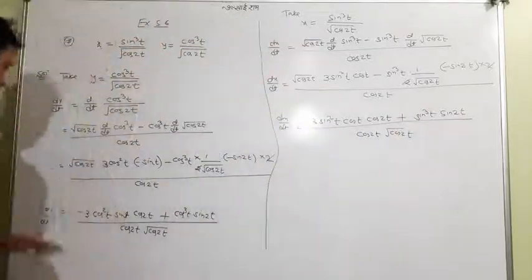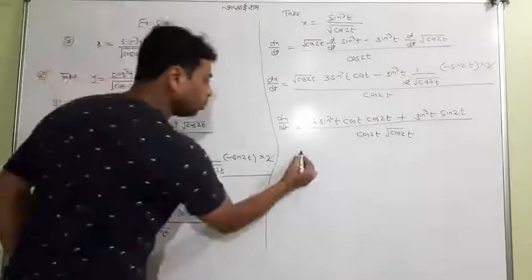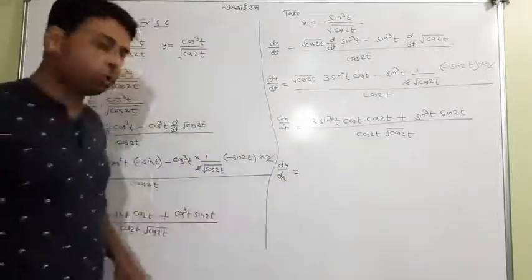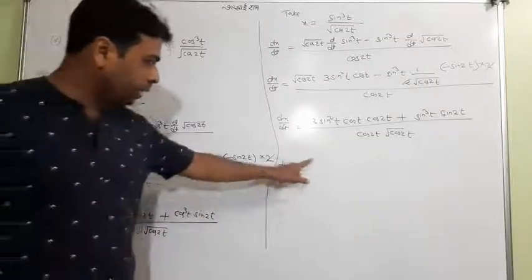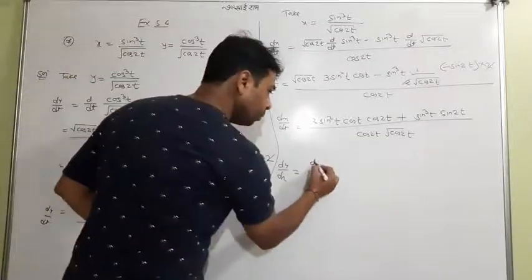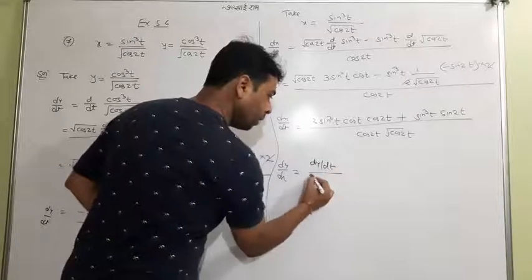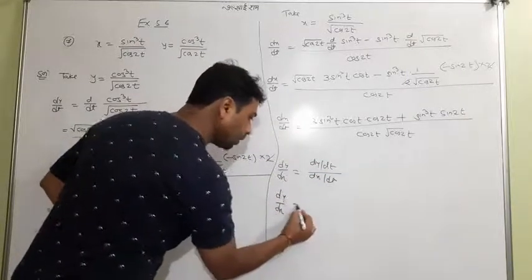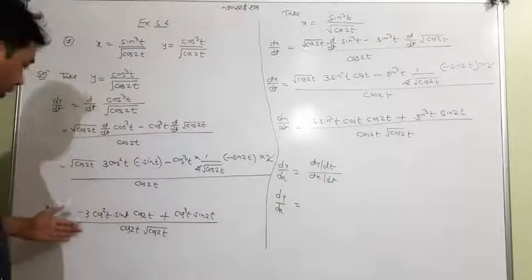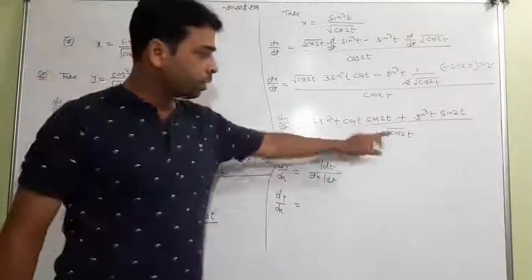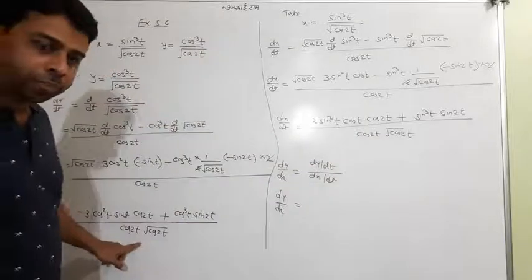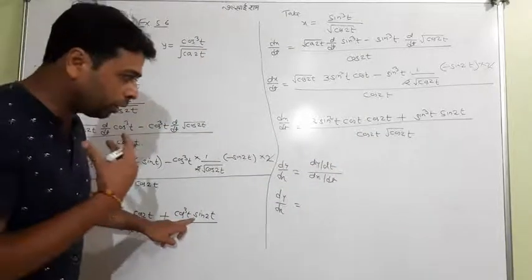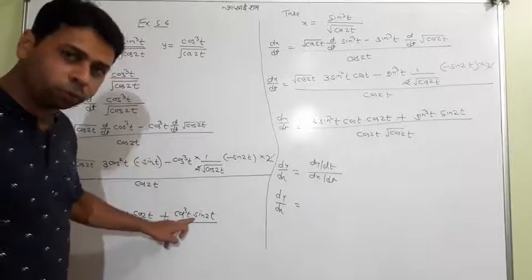And after finding these two long answers, what to do? dy by dx. Not writing everything specially, because you know the answer will be dy by dt upon dx by dt. That's simple. Now what is the answer? dy by dx is equal to dy by dt, which is this, and dx by dt, which is this. The denominators will cancel, both are the same. So first I will write that side. I want to write it with the plus sign.